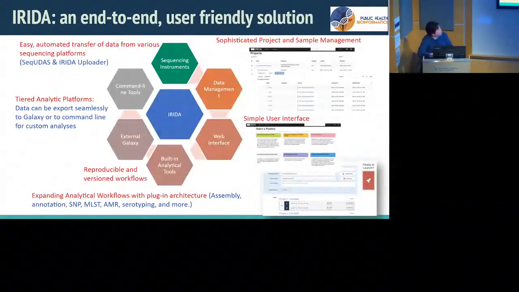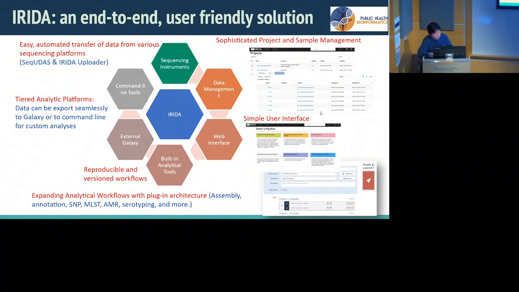I'm just showing some screenshots of the platform. As you can see, it's a web-based platform with web pages that you can browse through to manage your samples. Again, each row is one sample, and you can click the samples to add them to a cart for performing analysis.